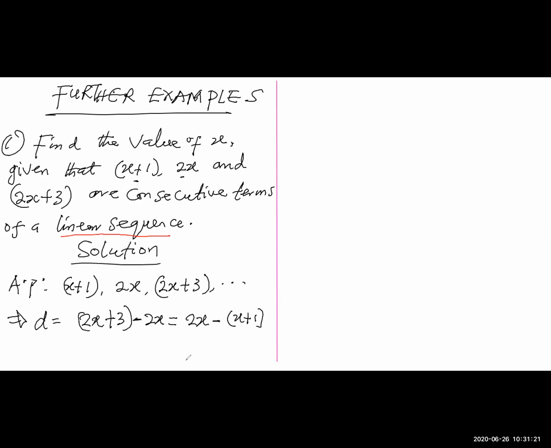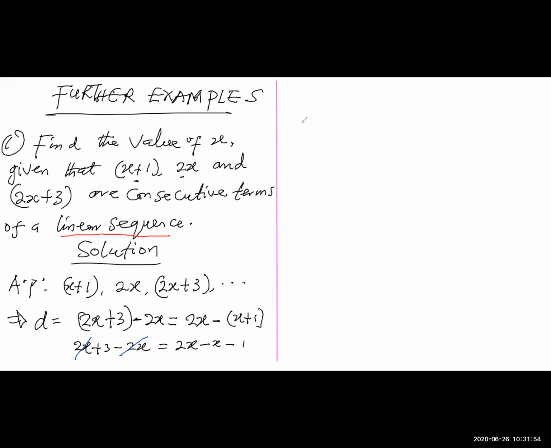So, you see, I have formed an equation with my common difference. This equation I formed will now help us to finish up. Expanding, this will give me 2x plus 3 minus 2x equals 2x minus x minus 1. So of course, 2x, we cancel minus 2x. 2x minus x will give us x.